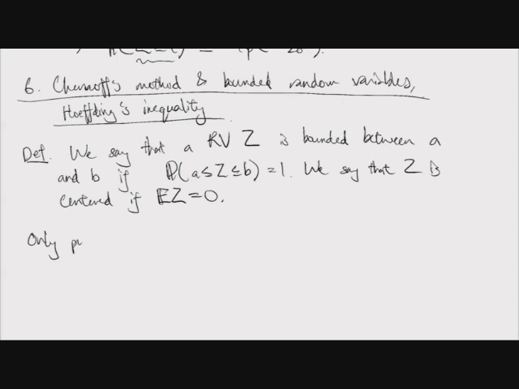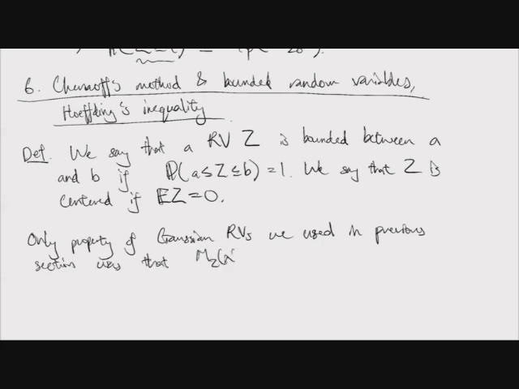The only property of Gaussian random variables that we used in the previous section was that the MGF had this nice formula.